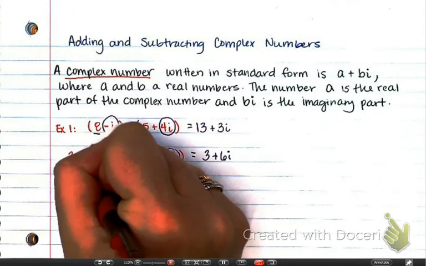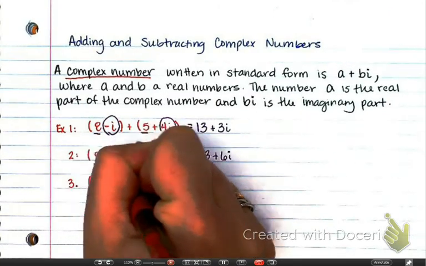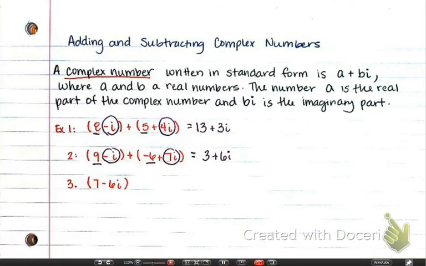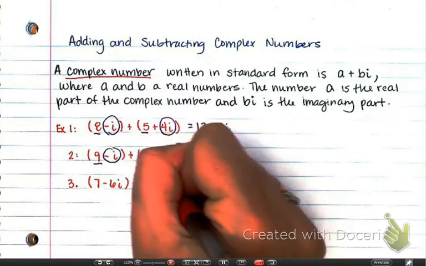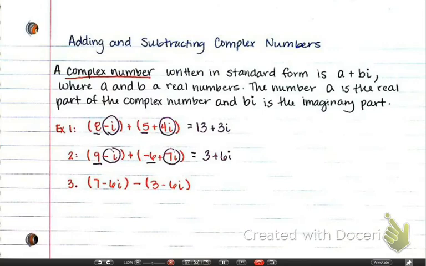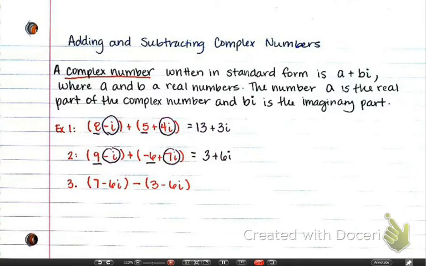What about 7 minus 6I minus 3 minus 6I? Okay, so what's different about this one? The subtraction sign. And what do we always do if there's a subtraction sign? Distribute first.